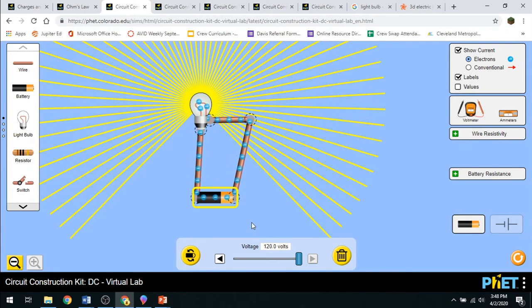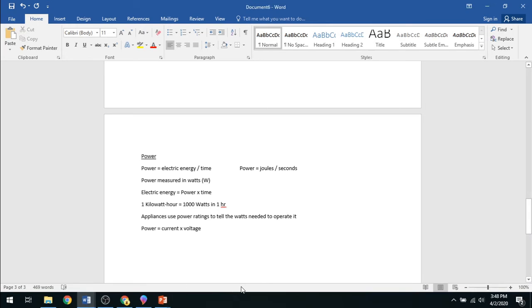So if you have a lot of appliances hooked up, if you've got your TV running 24/7 all day long, every day of the week, then you may have the same amount of voltage, but the current running through it over time, that's going to be a lot of current that's running through it. So that's just a really quick example of how we use voltage, where that power comes from.